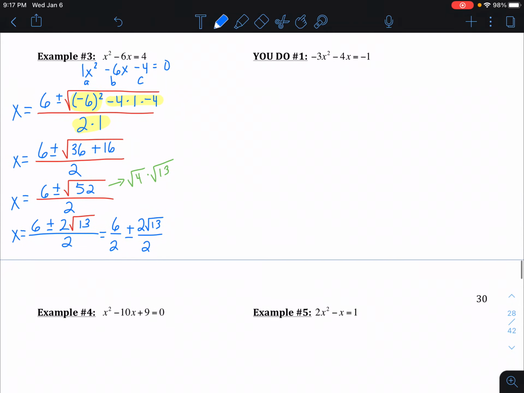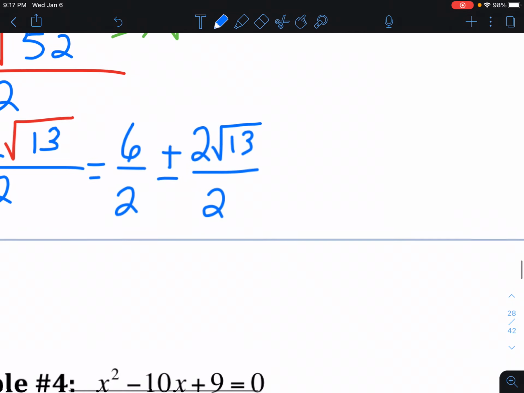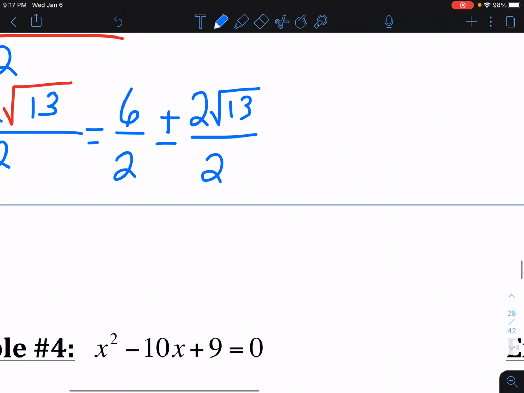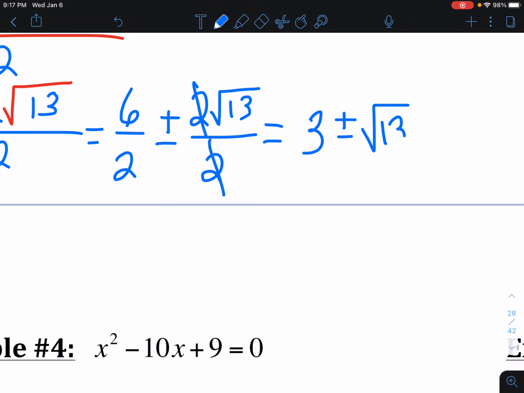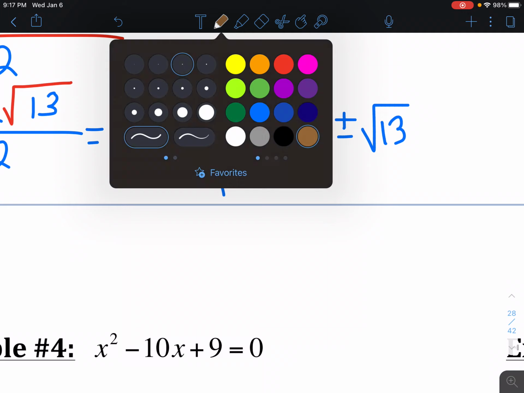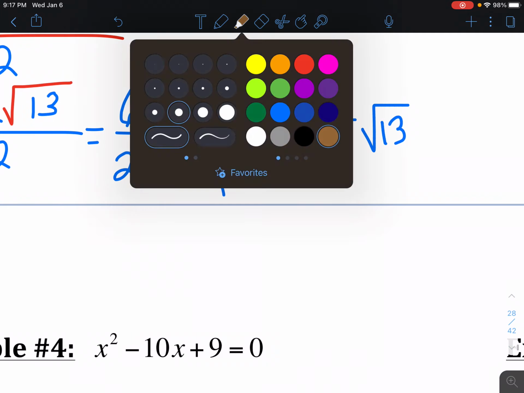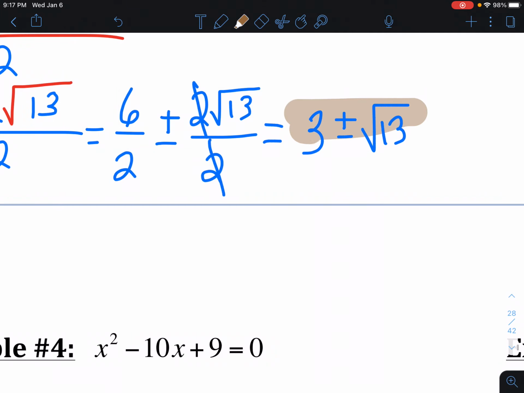And then going from there, you can reduce each individual fraction. 6 divided by 2 is 3, followed by the plus minus. And then here the 2's cancel, so what's left is the square root of 13. So here are your two answers. 3 plus square root of 13 and 3 minus the square root of 13.